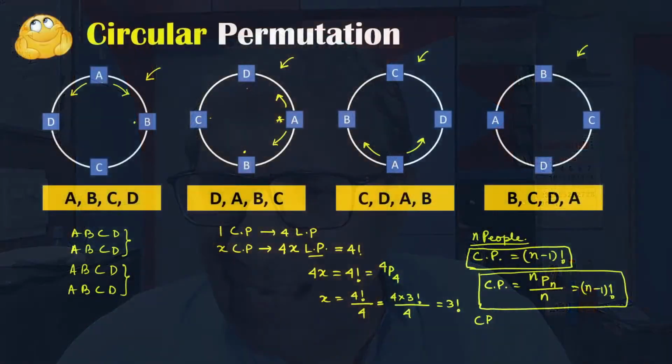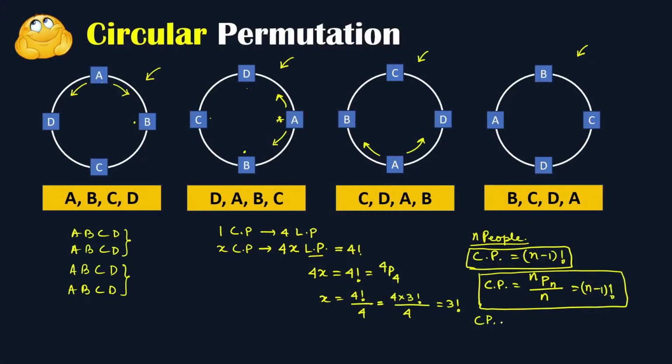In that case, the total number of circular permutations will be: there are n people and you have taken r people out of that and arranged them at a circular table. That will be nPr divided by r. Is it clear? Have you understood that?